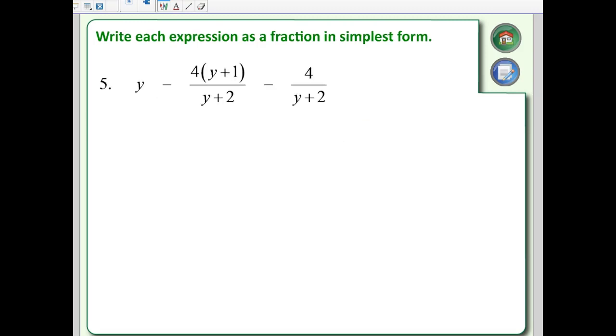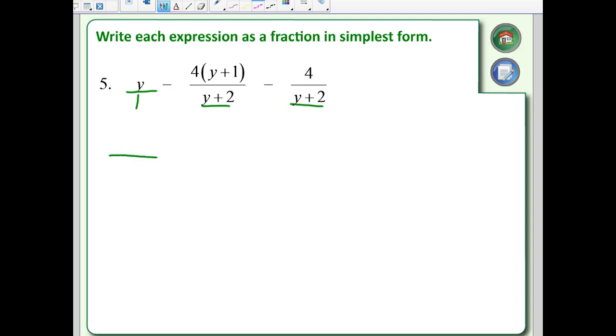All right. Now, let's all look at number 5. When I look at number 5, this time, Mrs. Burton calls this a threefer. We've got 3 separate terms here in my mixed expression. So I need to subtract them if you look at what's in between. So if I put this over 1, the good news is my other 2 fractions have a common denominator. It's y plus 2.